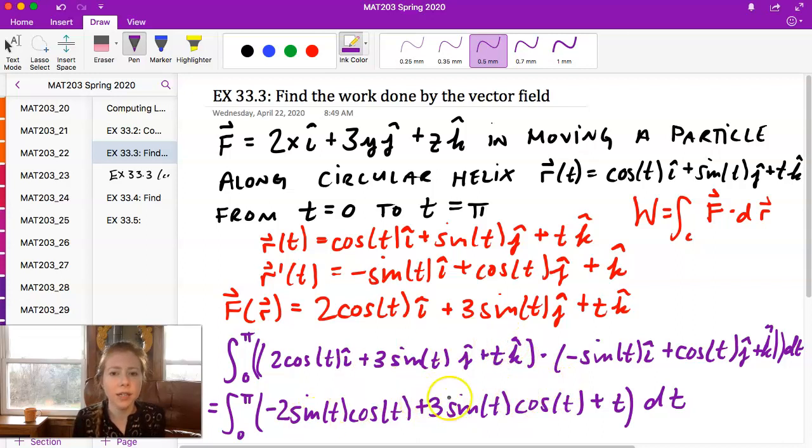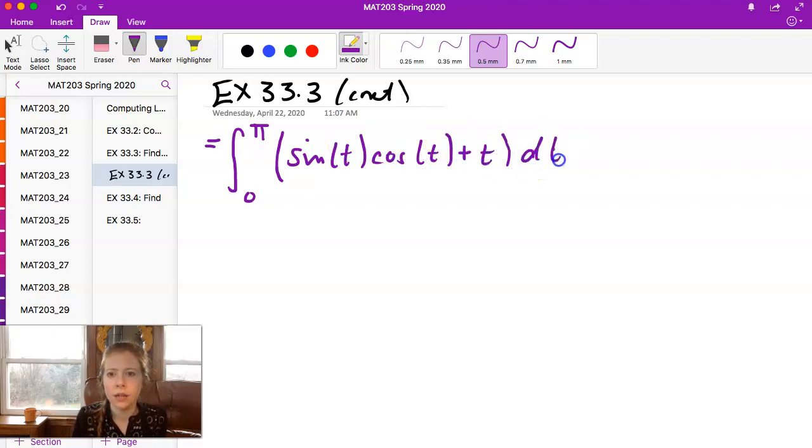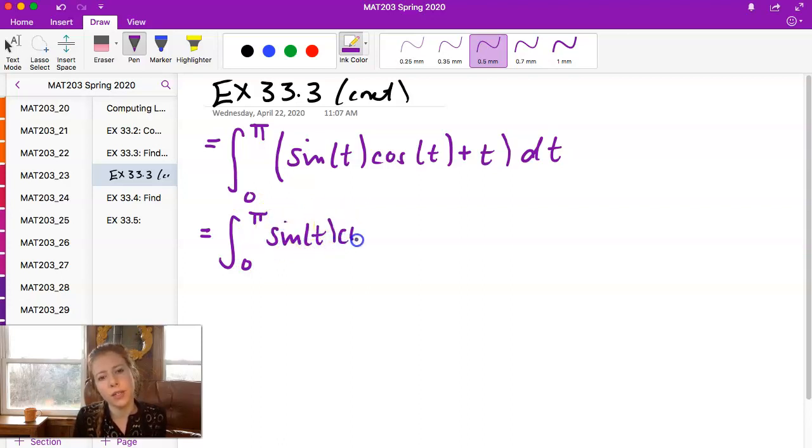So that's just going to be sine t cosine t, plus t dt. And we can actually split up these integrals so it's a little easier to evaluate. So this is going to be equal to the integral from 0 to pi of sine t cosine t dt plus the integral from 0 to pi of t dt.